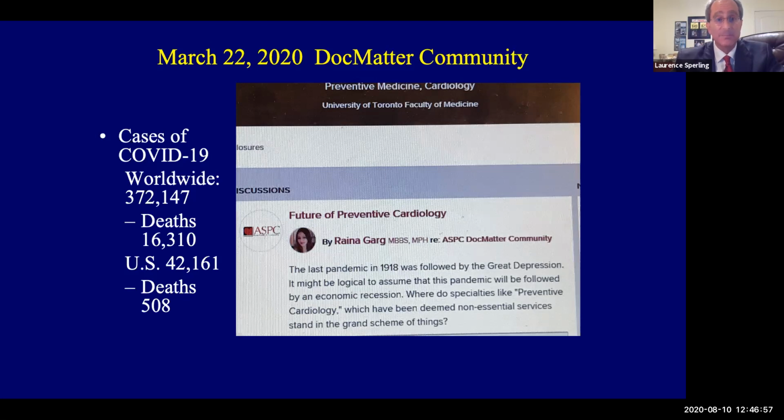And if you look at the numbers back on March 22nd, 370,000 cases of COVID in the world, 16,000 deaths, and 508 deaths in the US. Next slide, please.